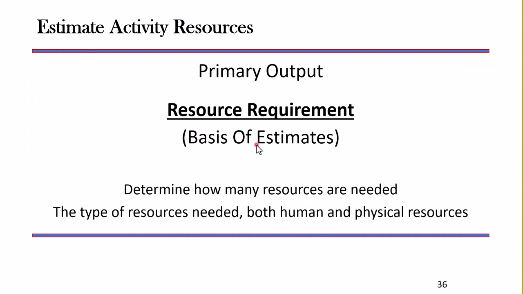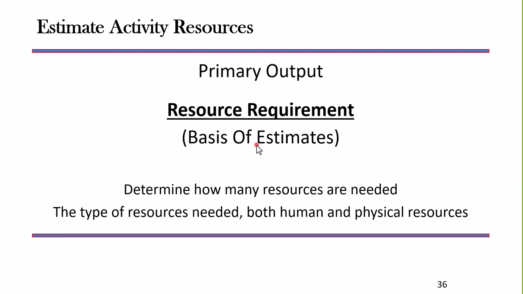So our next process then is to estimate activity resources. Estimate activity resources has an impact on the schedule. Significant impact. What if I use 2 paint crews instead of 1? What does that do to my duration estimates for completing the activity of paint the house?